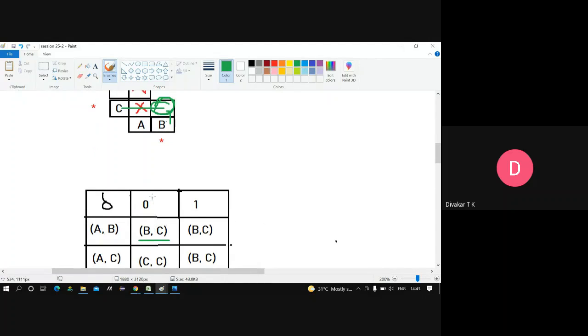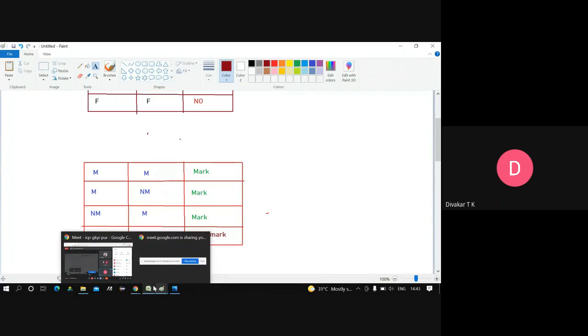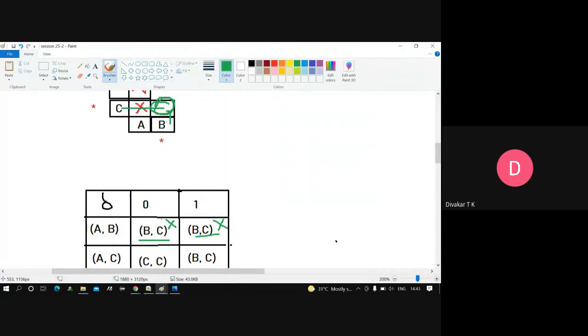No, no marking. Again BC is there, this is also not marked. So what are you supposed to say? Look at the table: no marking, don't mark it. Don't mark anything. Understood? Simple. So you should not mark here.